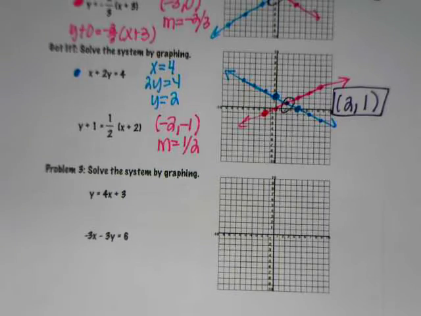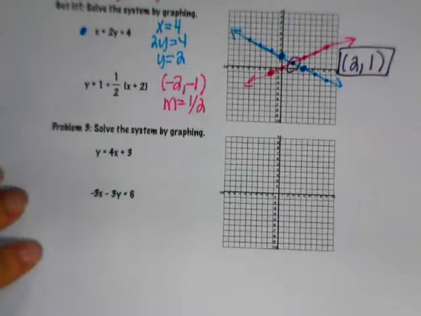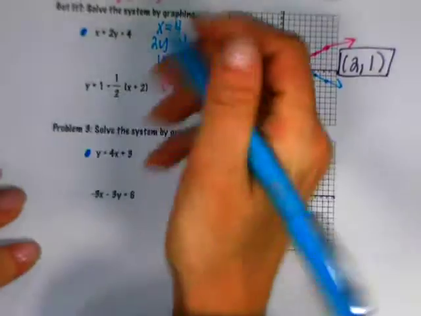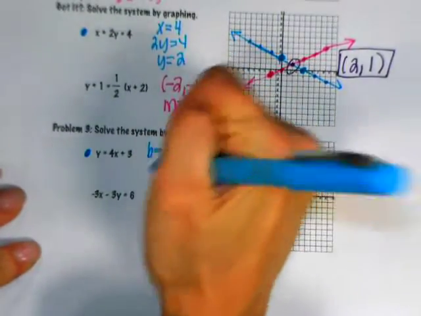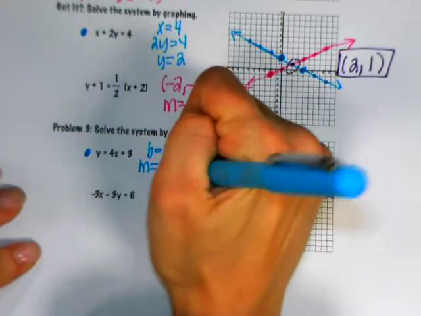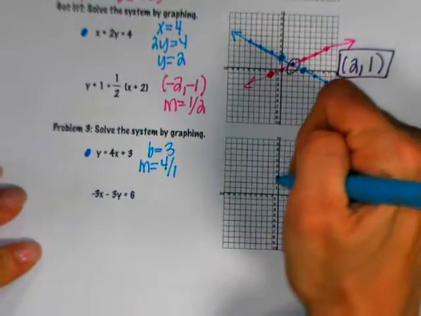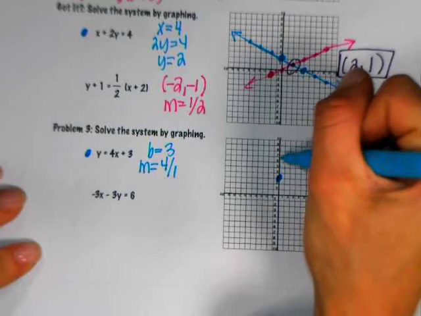All right, so for this next one, y equals 4x plus 3 is in y equals mx plus b. So what's my b? 3, and then my slope? Start at 3, up 4 over 1.